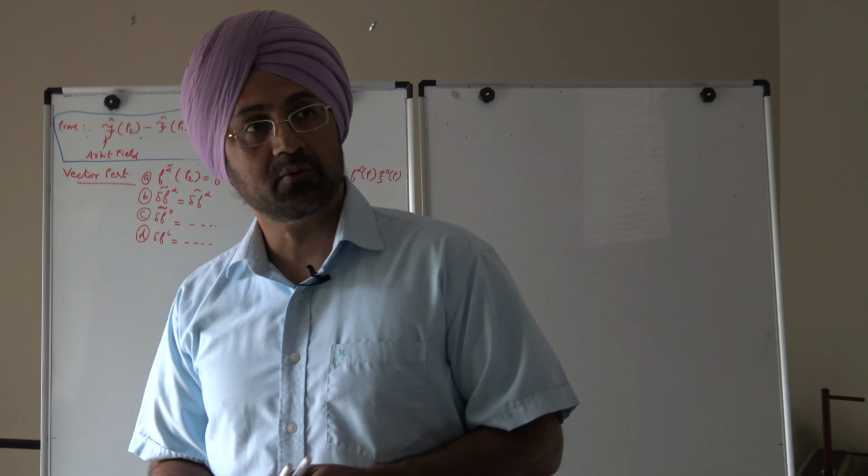So the bar should be here. So f bar 0 prime xi 0. That's what we have for the background universe, for alpha is equal to 0.